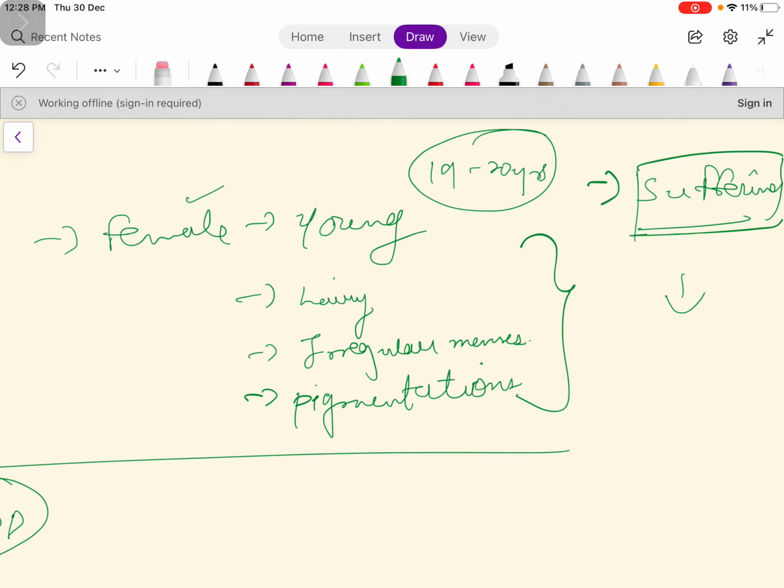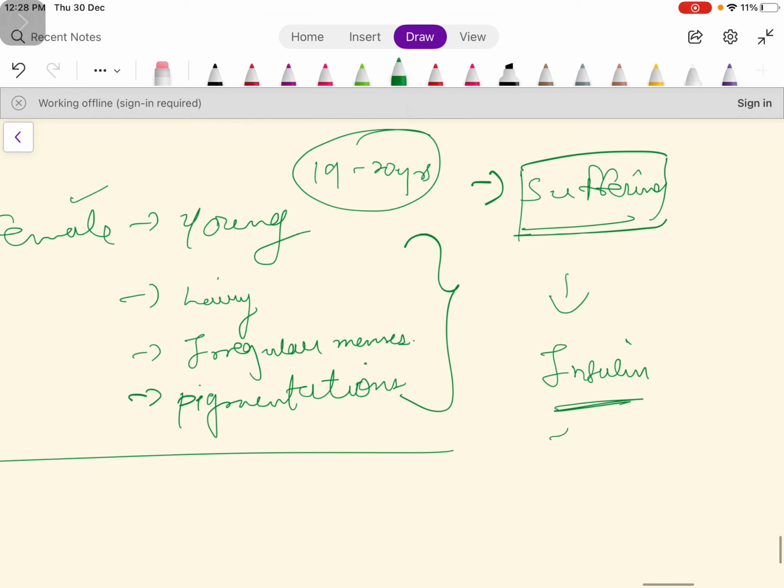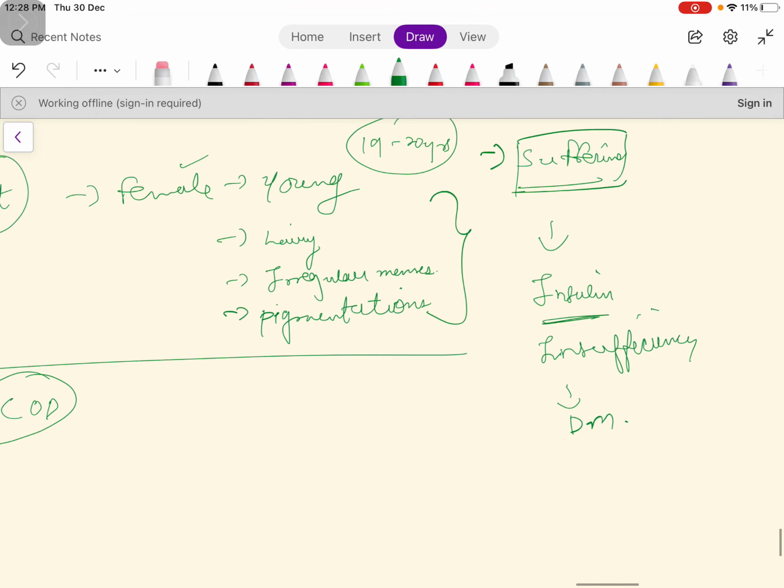Because of that this disease keeps on aggravating, and ultimately this can also lead to insulin insufficiency, and there can be diabetes also in this patient.